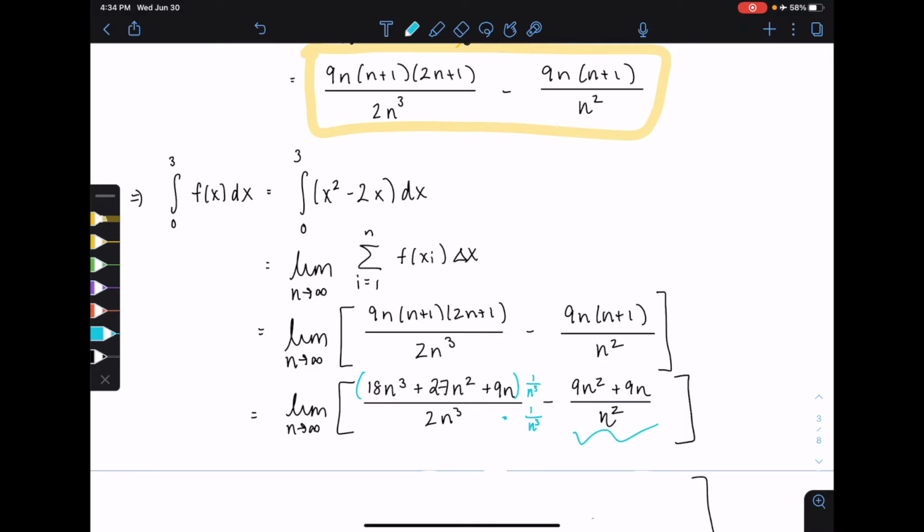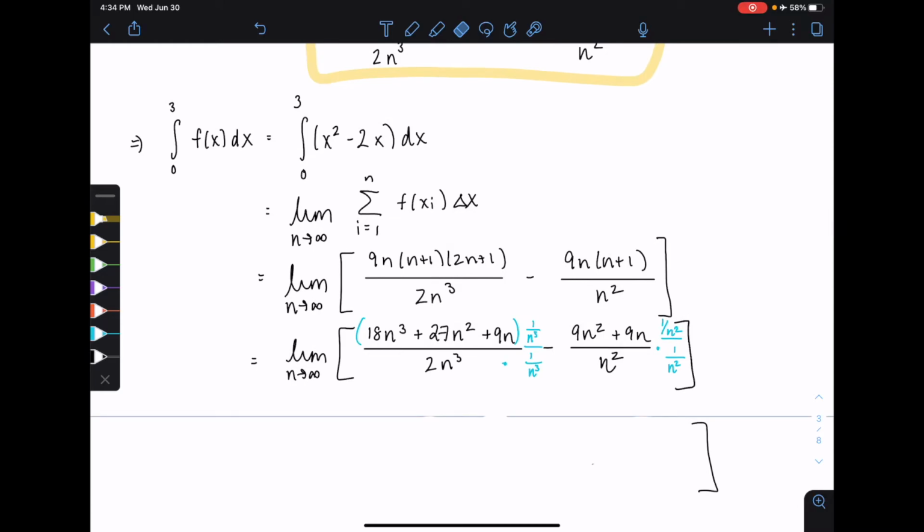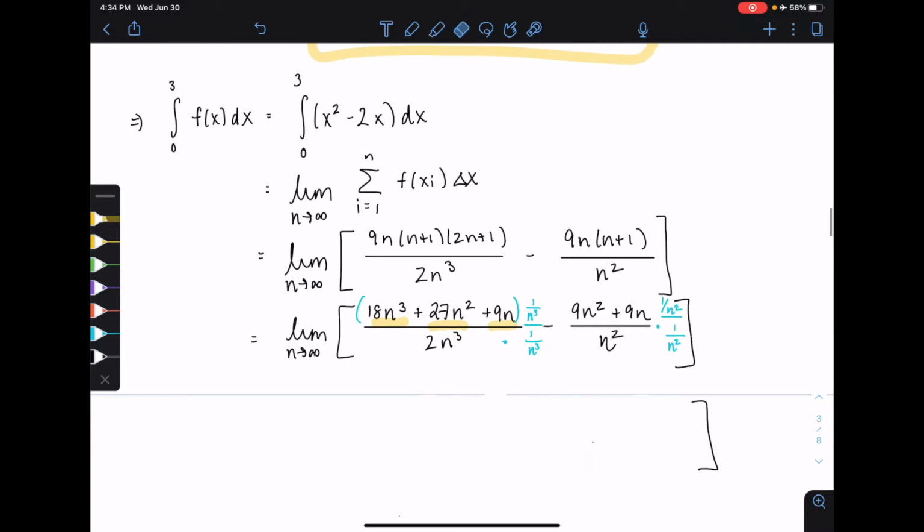For this term, n squared is the highest power in my denominator. So I'm going to go ahead and divide the bottom by n squared, but that means we need to do exactly the same thing in the numerator, so I don't change my expression. Okay. So if we go through that, if you distribute and divide all of these by n cubed, 18n cubed over n cubed will be 18. 27n squared over n cubed leaves you with an n in the bottom.